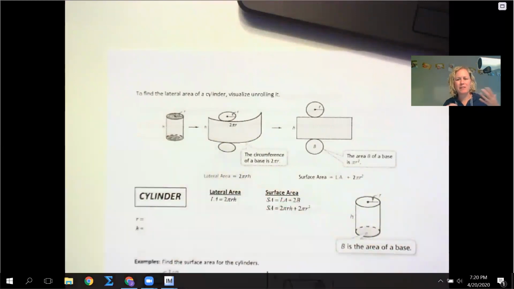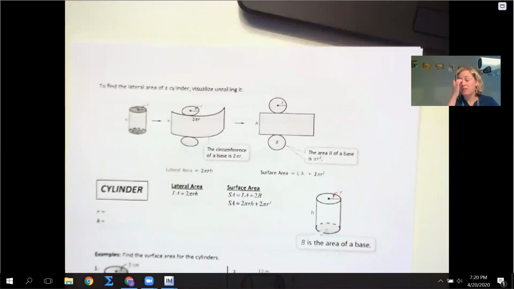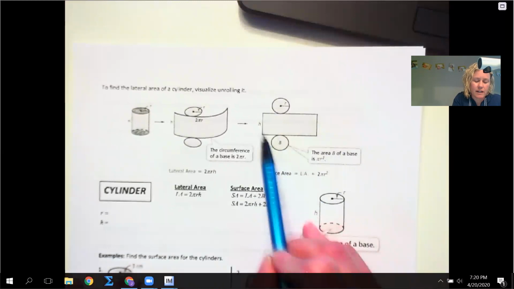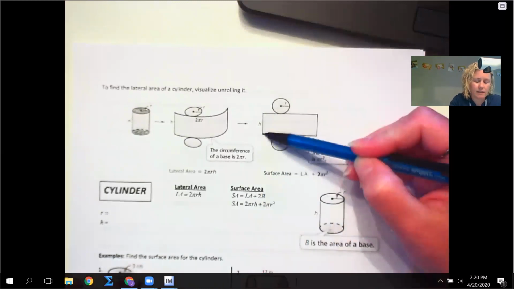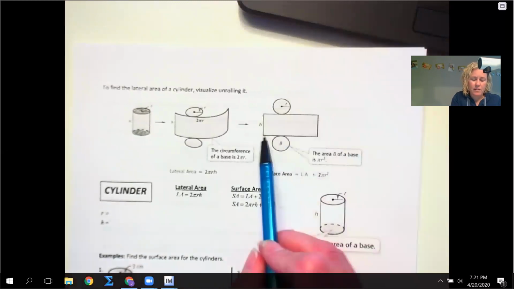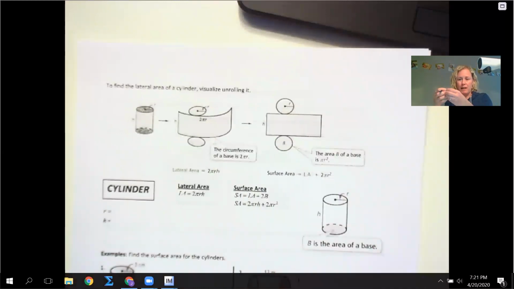And again, they're not always on top and bottom. Sometimes they're on the left and the right, okay? But those are your bases. So we need to find the area of this rectangle, okay? It's gonna be base times height, or length times width, okay? You think about this length of this rectangle, when it was rolled back up, when it was a cylinder, that was the circumference.